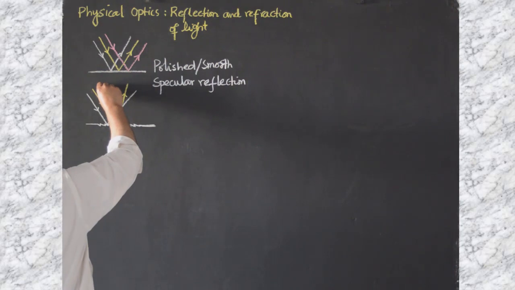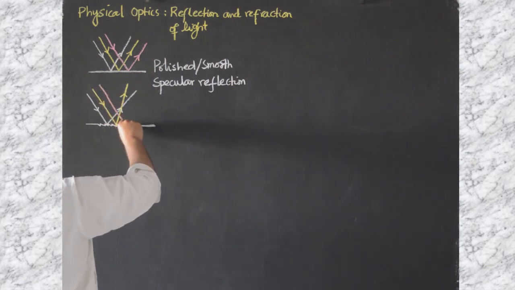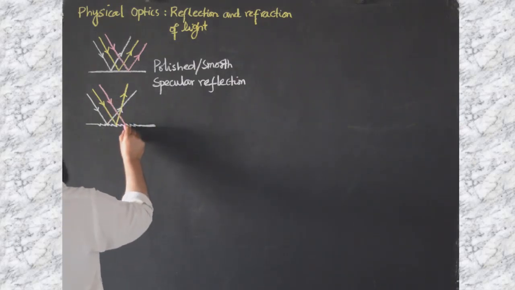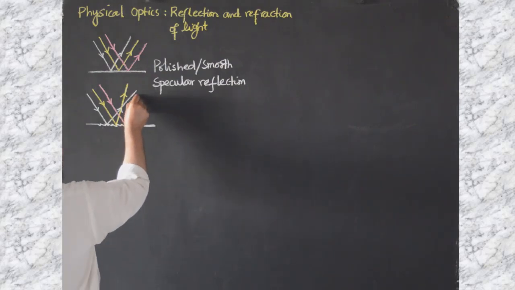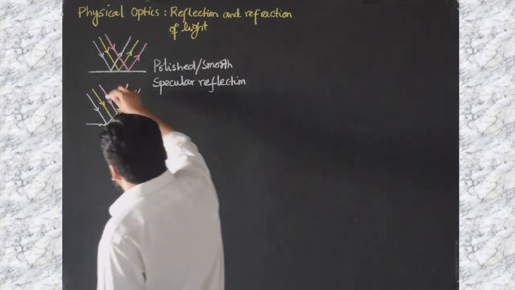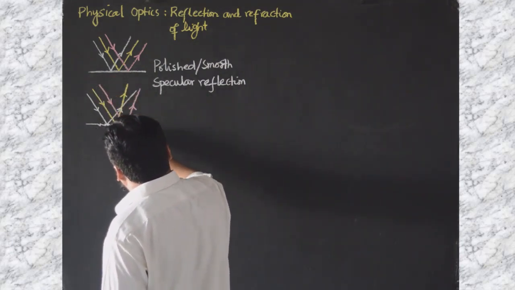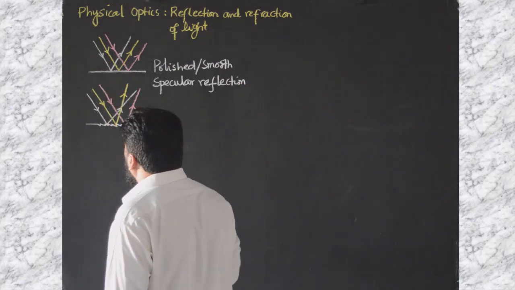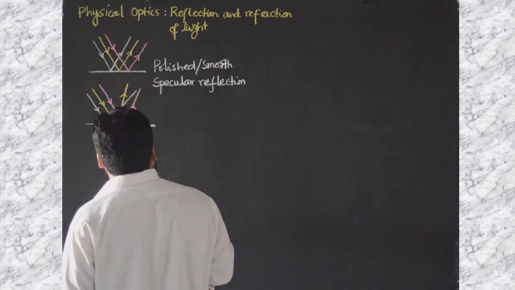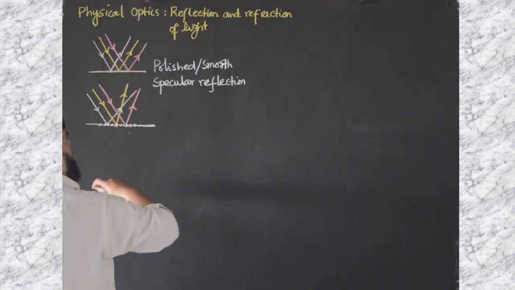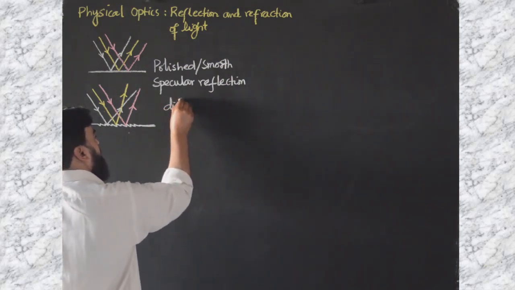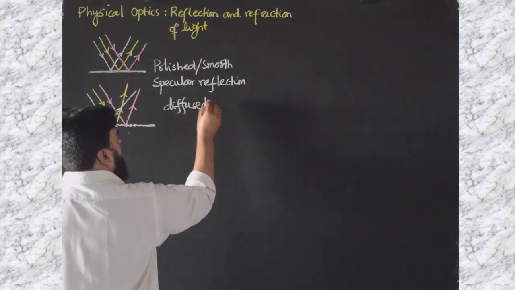And if it hits another part of this rough surface, it may go like this. So the wavefronts which were coming in, in one line, are not reflected like this, and we call such a reflection diffused reflection.